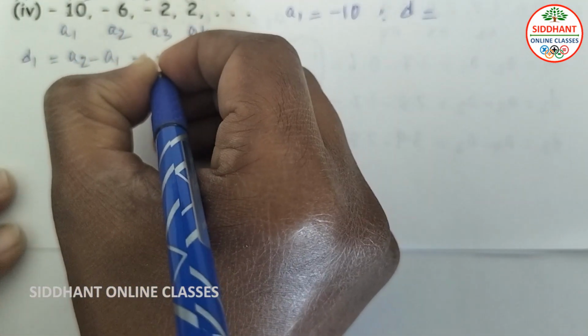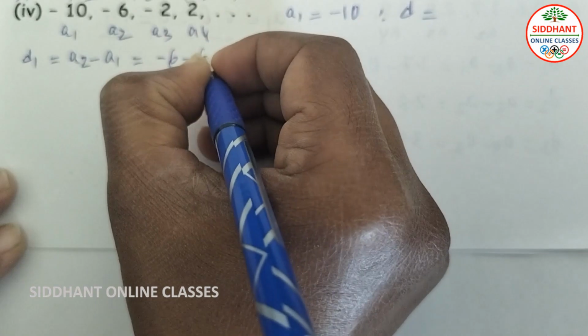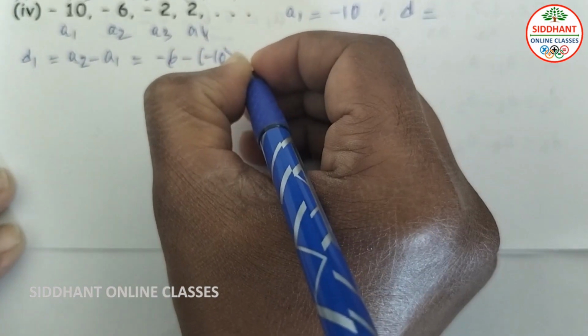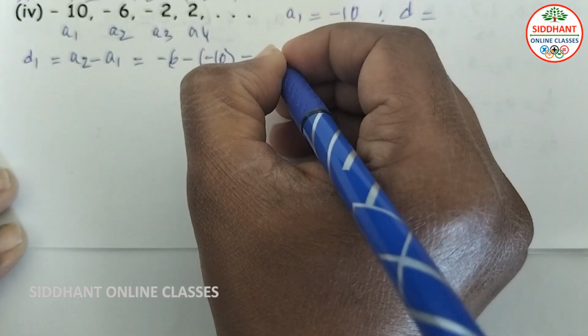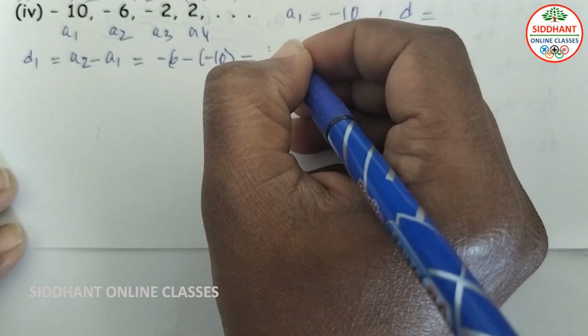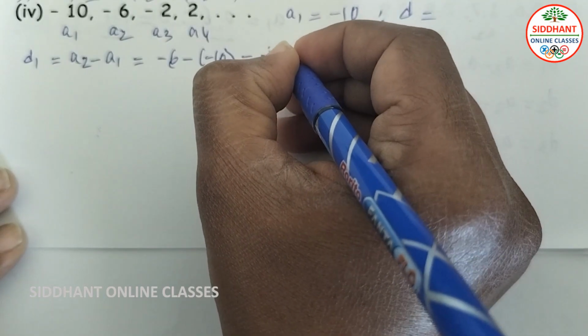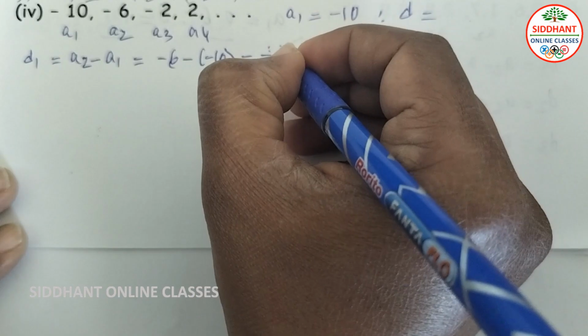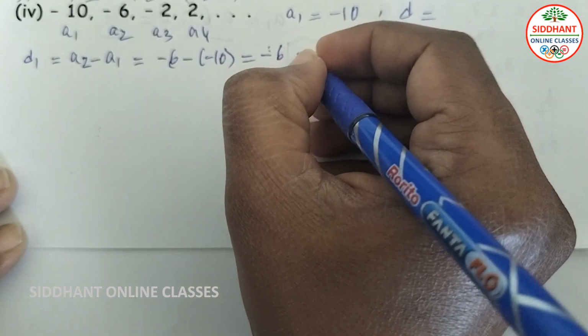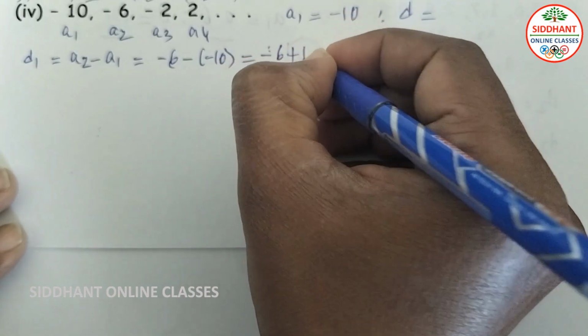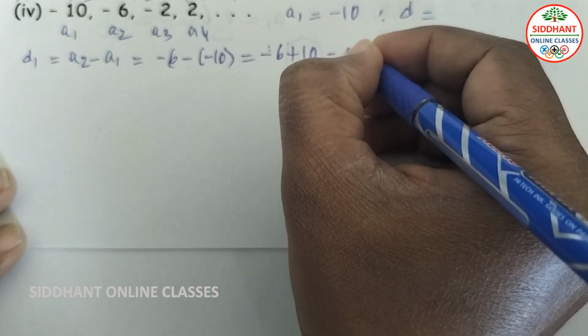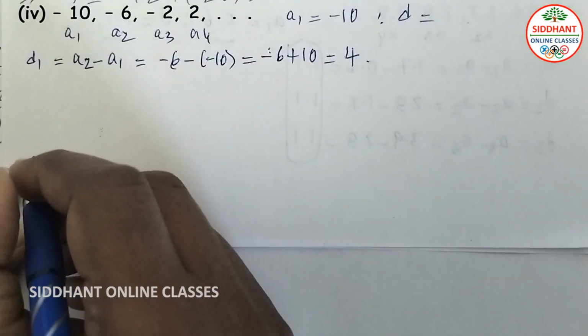So that is equal to minus 6 minus of minus 10, that is minus 6 plus 10. So that is equal to 4 here.